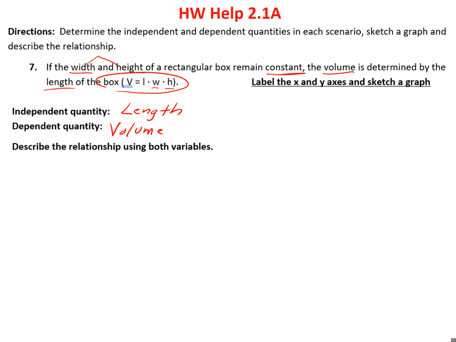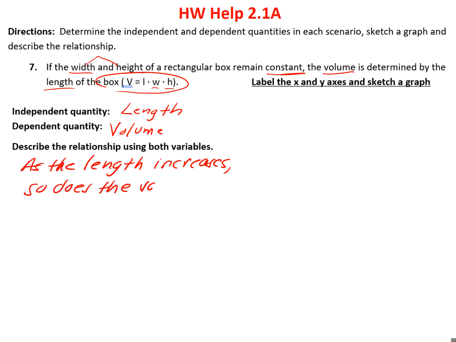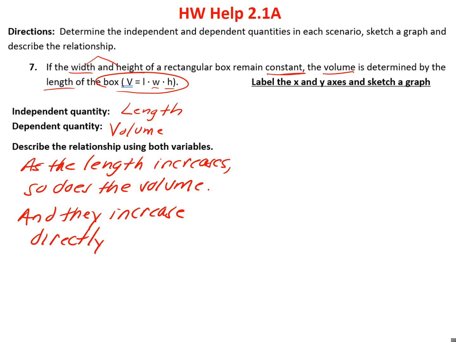In this case, as the length increases, so does the volume. And they increase directly. By that I mean, since the width and the height don't change, if you double the length, the volume doubles.